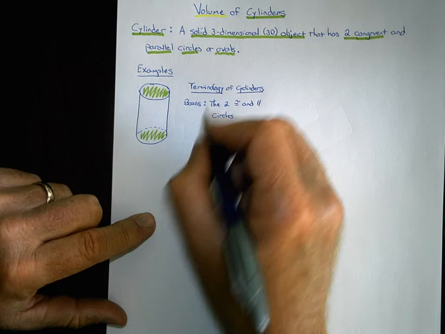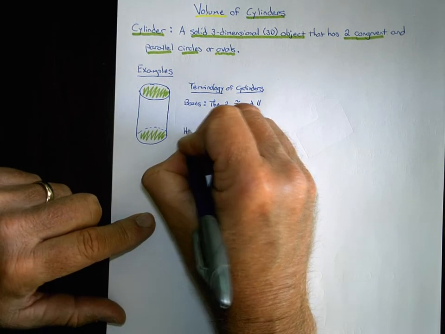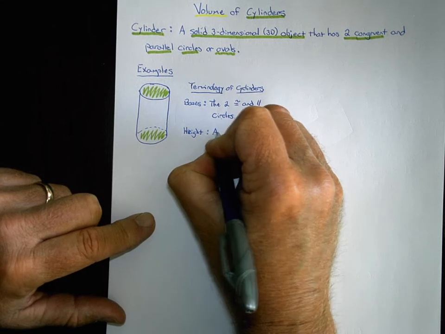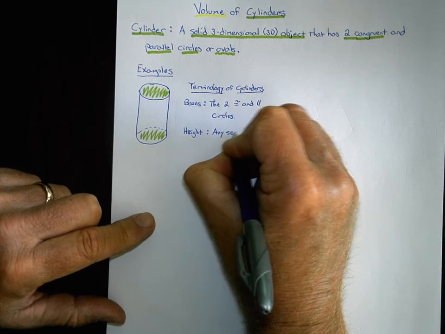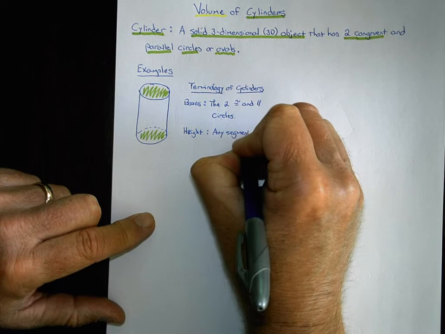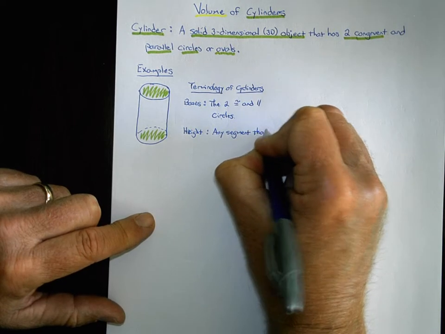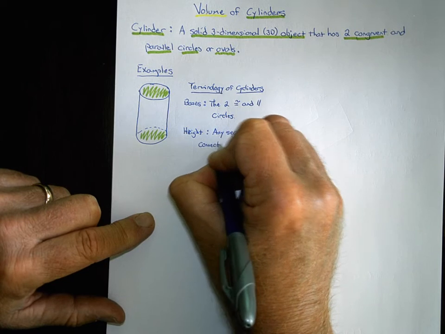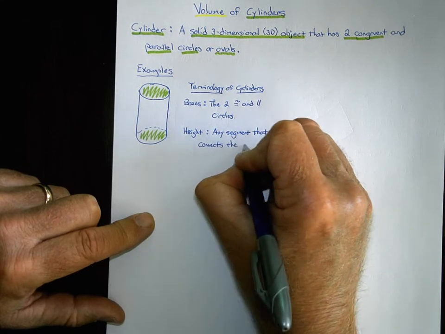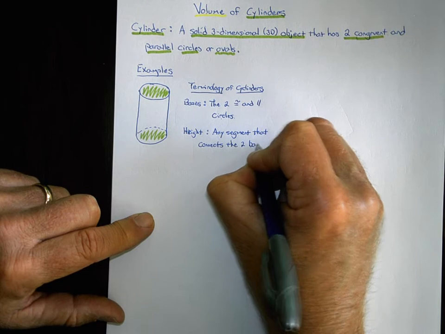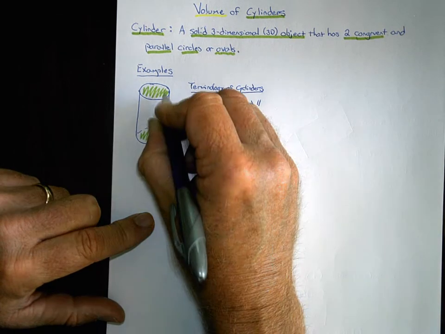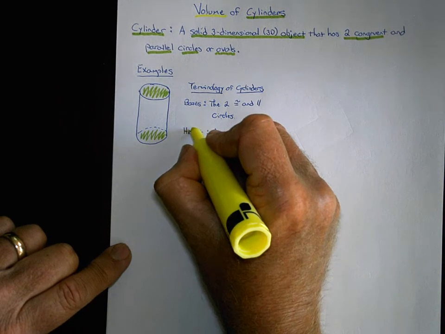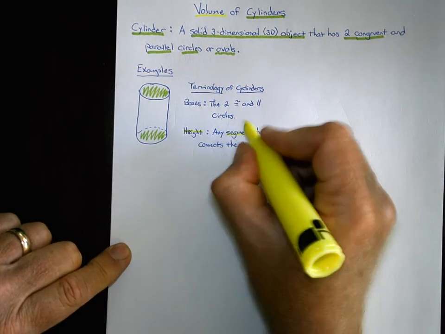Okay? And then the height of the cylinder is any segment that connects the two bases, which once again are the congruent and parallel circles. So when we talk about the height of a cylinder, it has to be a segment.